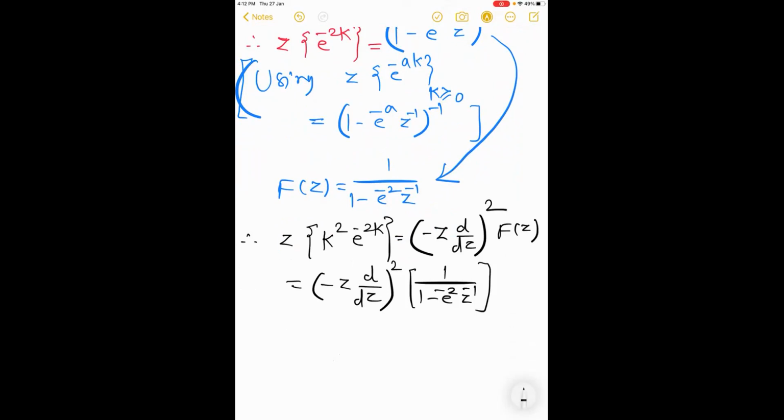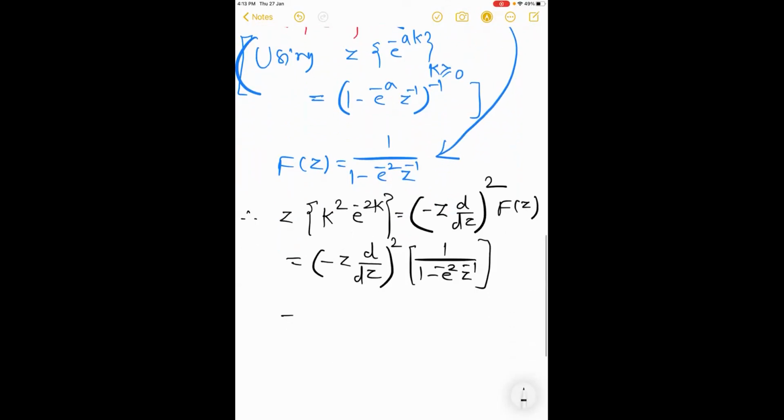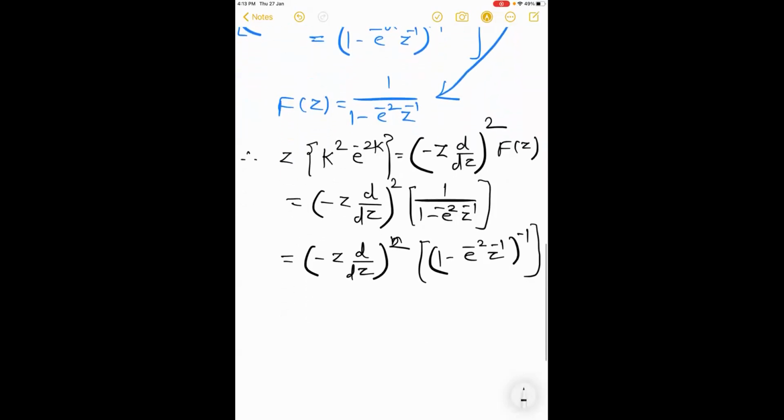What is the differentiation of x raised to n? d by dx of x raised to n is n into x raised to n minus 1. Yes. So we will use this property here.